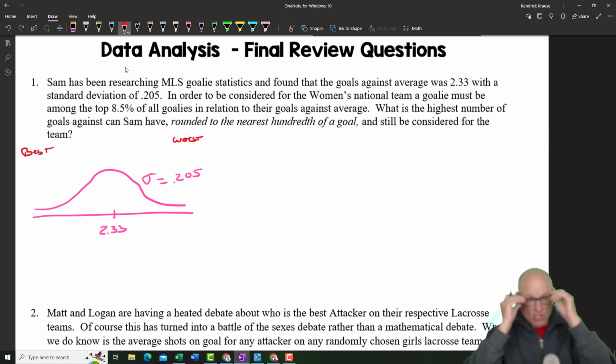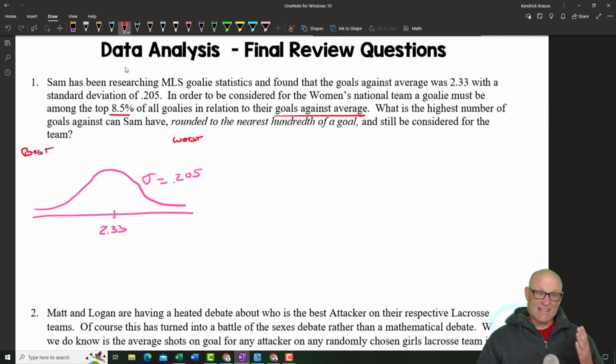A women's national team goalie must rank in the top 8.5% of all goalies in their goals against average. So we want to find that number where we are in the top 8.5%.